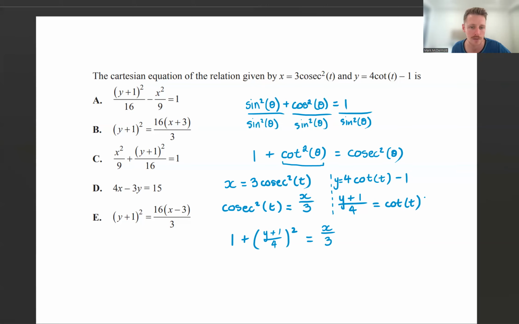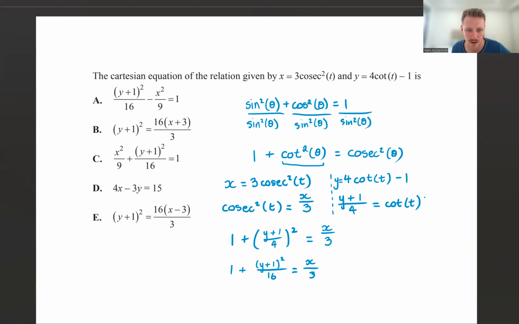We're basically done. What we need to do now is match it to the correct option. Off the bat, none of these look identical to the options, but we can expand a few things out. If I square that, the numerator is going to become y plus 1 squared on 16, and that equals x on 3.